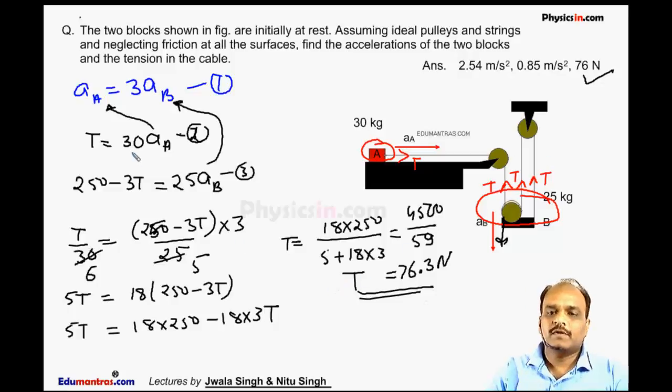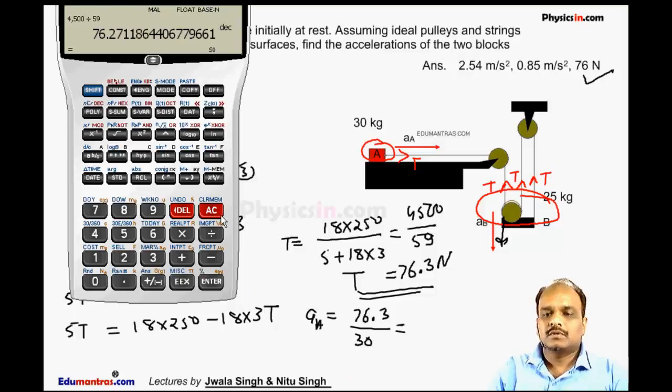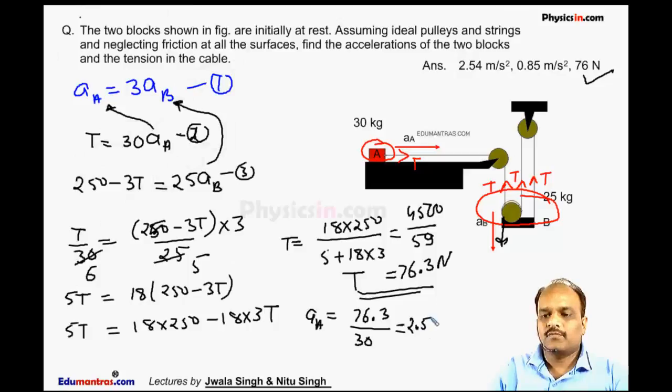If I substitute the value of T here, then I get the acceleration of A as T, 76.3 divided by 30, that is equal to 2.54 meter per second square.